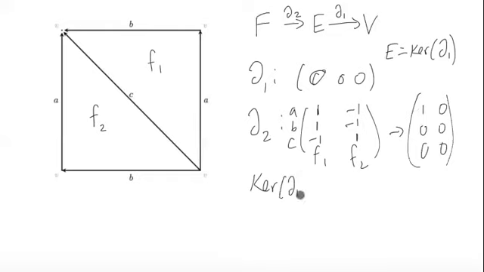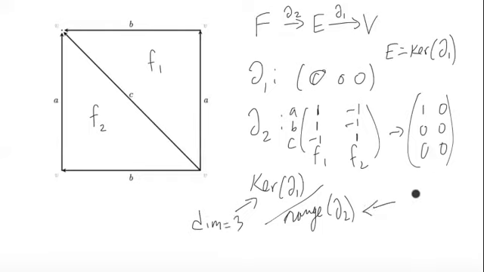So the kernel, and we mod out by the range of this boundary function, and we look at the dimension of that. Now, noticing at least with vector space dimensions, things just subtract. So this kernel dimension, what is it? It's dimension 3, and this dimension right here is dimension 1.